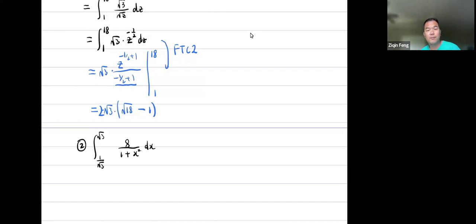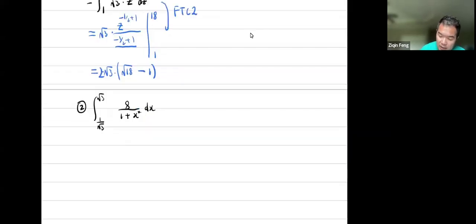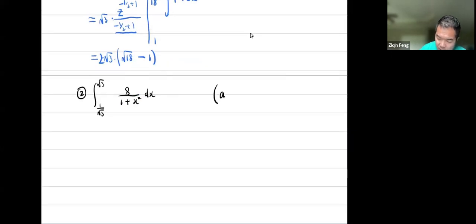Here we just look for the collection of antiderivative formulas. Do we have a function whose derivative looks like 1 over 1 plus x squared in the denominator? We do know that. Check our memory: the derivative of arctangent of x is 1 over 1 plus x squared. So arctangent is the antiderivative of 1 over 1 plus x squared.